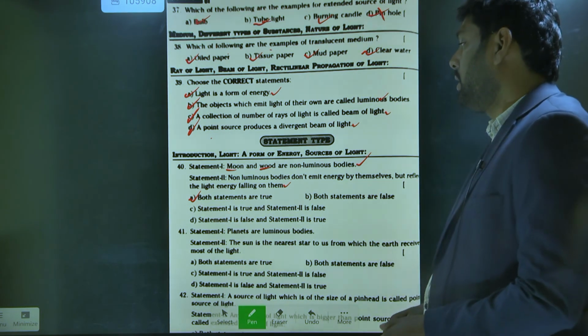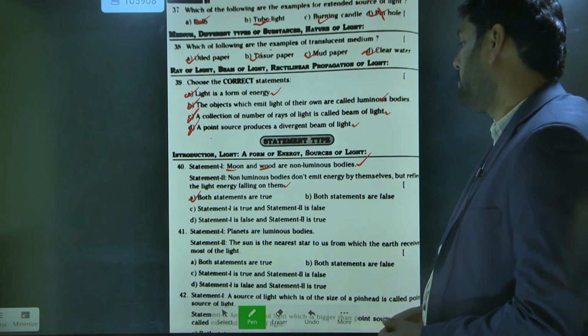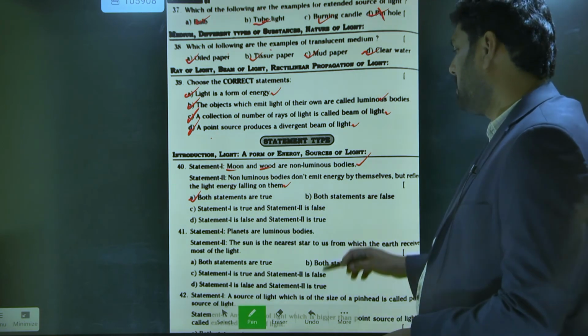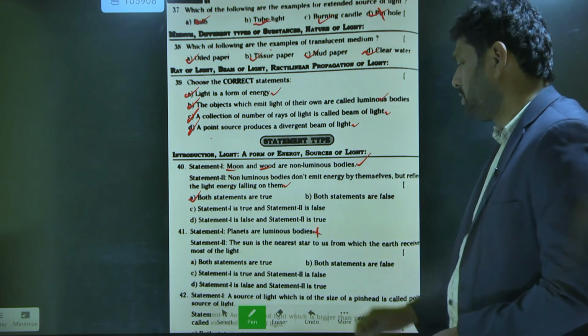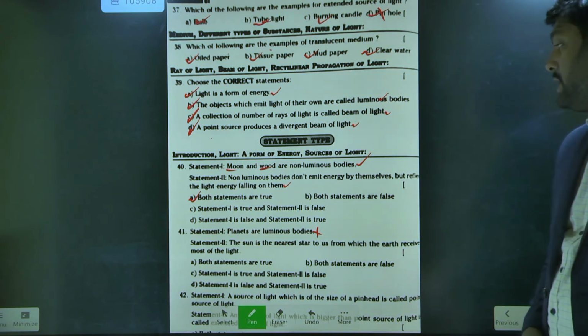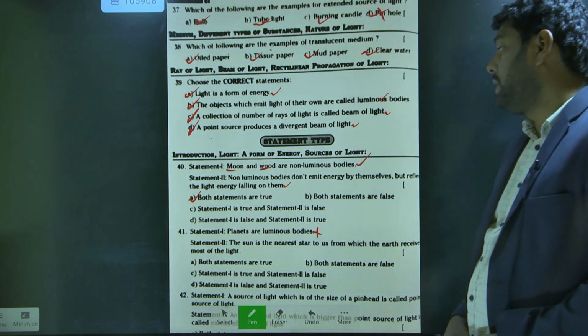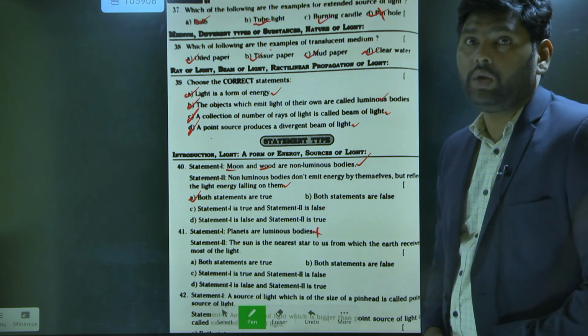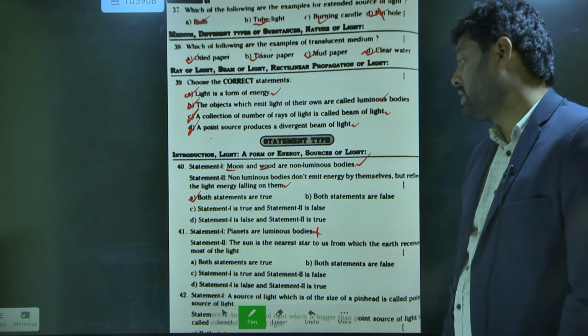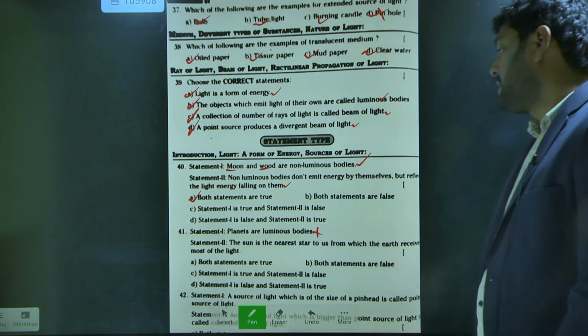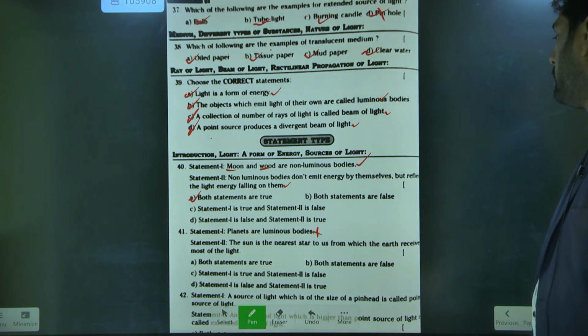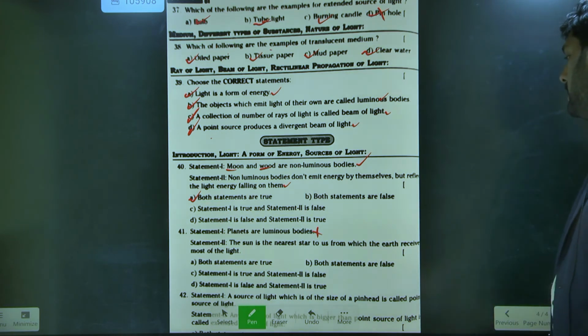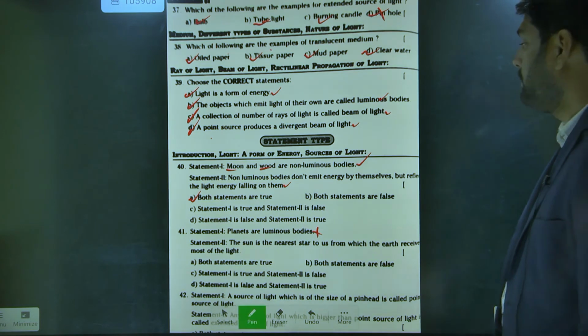In a similar way, the next one is statement 1 type. Planets are luminous bodies. Yes, it is a wrong statement. Planets are not luminous bodies. They are not producing light, they are only reflecting the light. The sun is the nearest star to us, from which the earth receives most of its light.